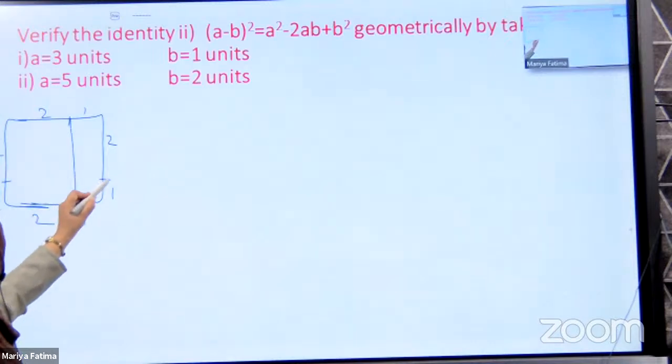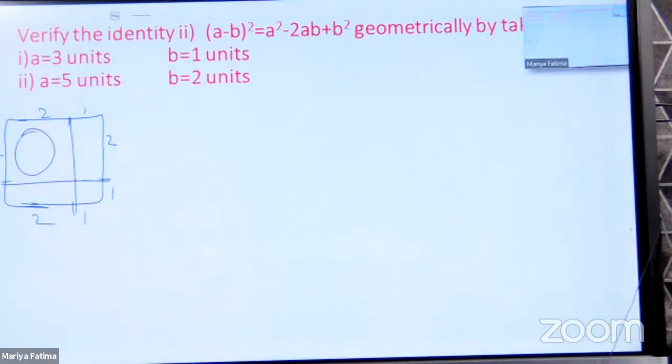Now we have to find out the area of this part.